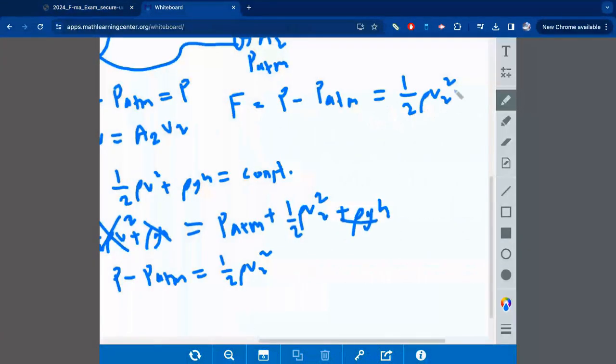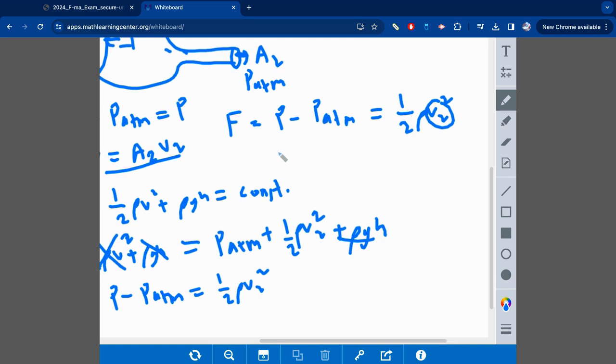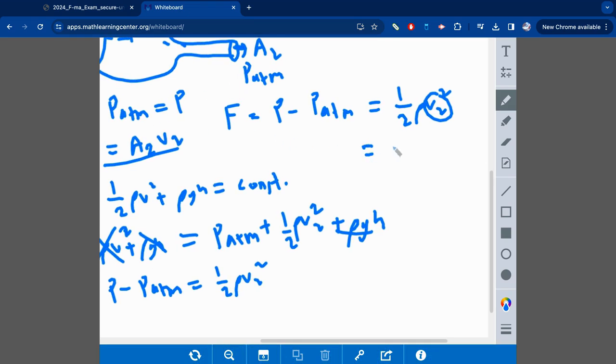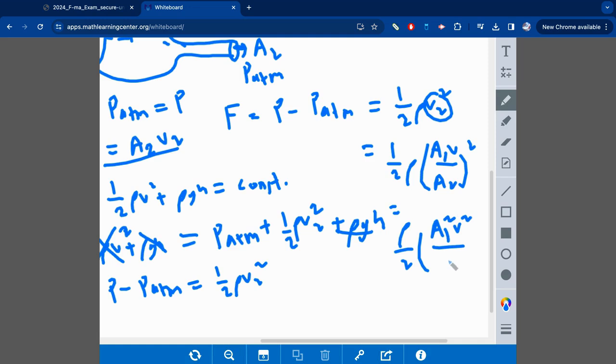And we can also notice that v2, based on the relation A1V being equal to A2V2, this is just 1/2 rho times (A1V over A2) whole squared. So that's rho over 2 times A1 squared times V squared over A2 squared. And so actually F is equal to (P minus atmospheric pressure) times A, because force is pressure times area.